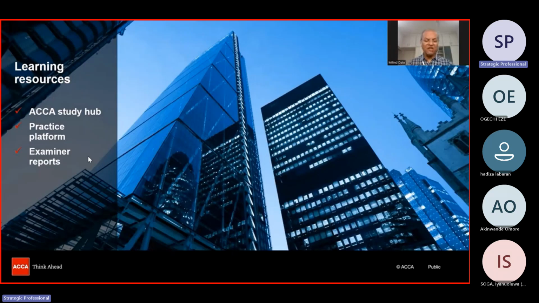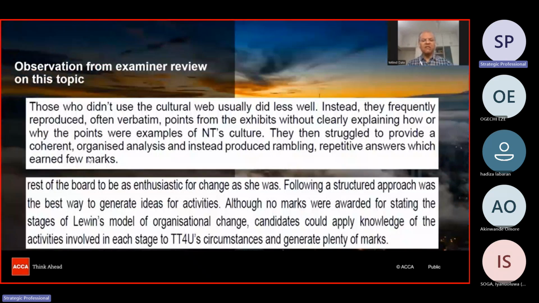The ACCA practice platform will provide you an opportunity to look at how past exams have tested this topic. Try and develop answers on your own before you compare the suggested solutions. Last but not the least, you should always refer to examiners' reports because they cover students' strengths and students' weaknesses. As far as the change management topic is concerned, here are some examples that I would like to dwell upon.